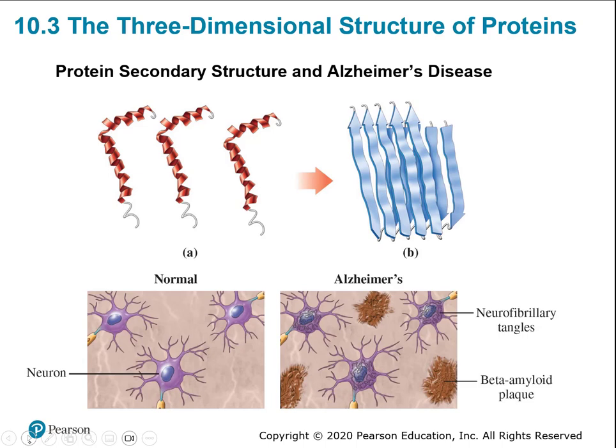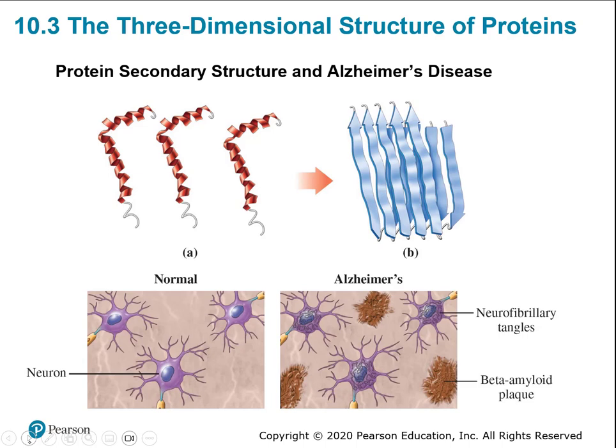And when they stick together, they form these bundles that actually interfere with neuron function and eventually cause neurons to lose their nutrient and oxygen supply, so those neurons die. And when the neurons die, then you lose that function that the neuron had. So now they understand it's actually changes in secondary structure of proteins found in the brain.